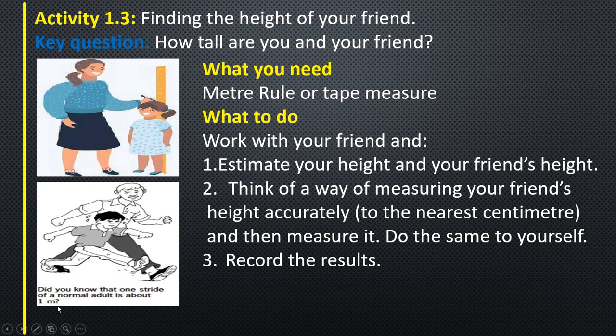So when somebody makes a stride or a step between the legs, that is about 1 meter. Depends on how tall you are, but on average it's about 1 meter. And in most cases in the villages, this is how they measure the length of the land when they do not have a tape measure to measure the land accurately in feet. So we just say that is a meter.